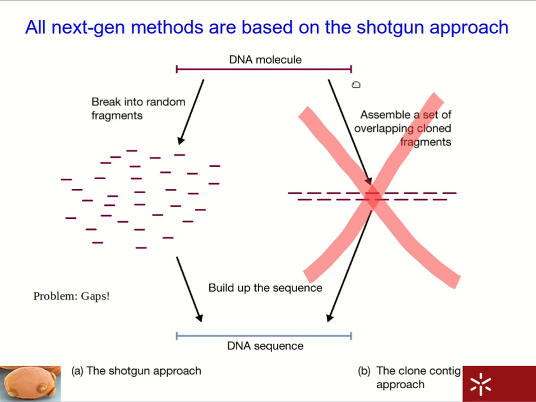There is no way really to make libraries, since you don't make any libraries and you can't use any of the technologies that I already discussed in order to deal with, for example, repetitive DNA. It's rather difficult if the repetitive sequence is larger than the fragments that are used for the sequencing.